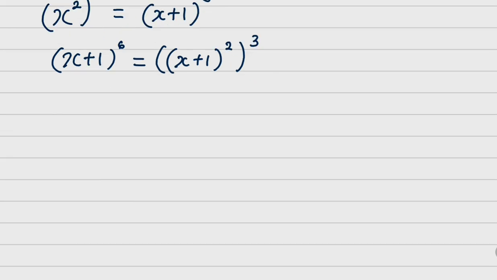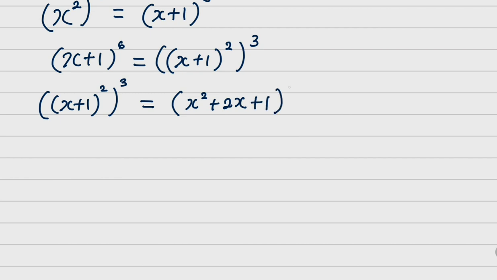And since we can do that, it therefore means that we have (x plus 1) all squared, all raised to power 3. Now (x plus 1) all squared, I can expand it. Expanding it, I'm going to have x squared plus 2x plus 1. Of course, it's going to be all raised to power 3.